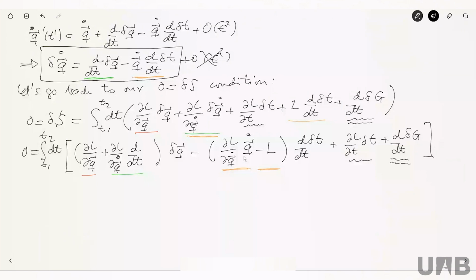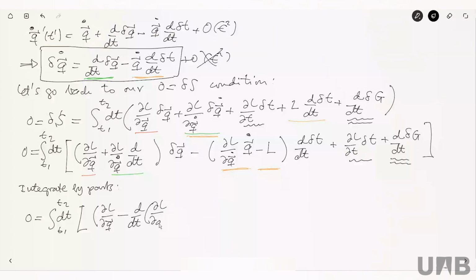Yes. All right. Now I'm going to integrate by parts. So 0. So we are still computing this complicated 0. So 0 equals the integral over t from t1 to t2. The first term, I'm not going to touch. So this is going to be the derivative of L with respect to q. And this is the one that I integrate by parts, okay? Integrate by parts. So that means minus the derivative with respect to t of the derivative of L with respect to q dot.